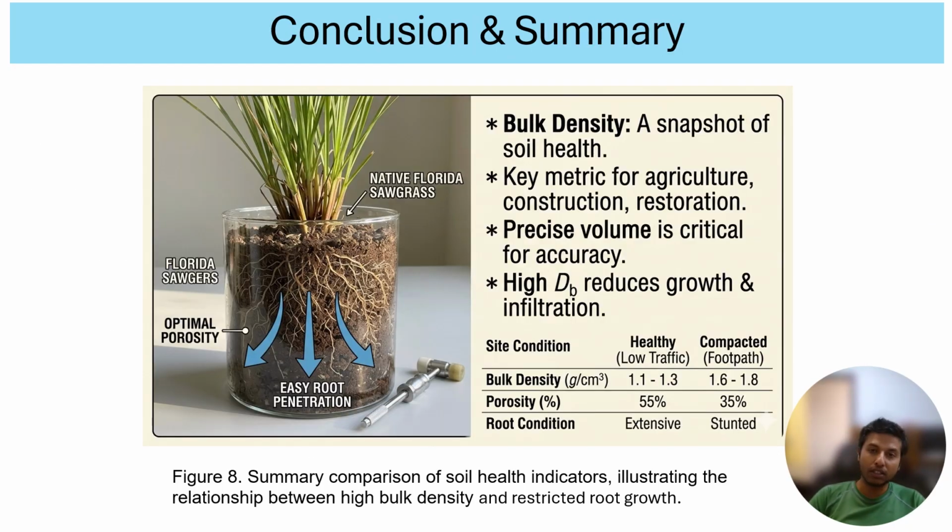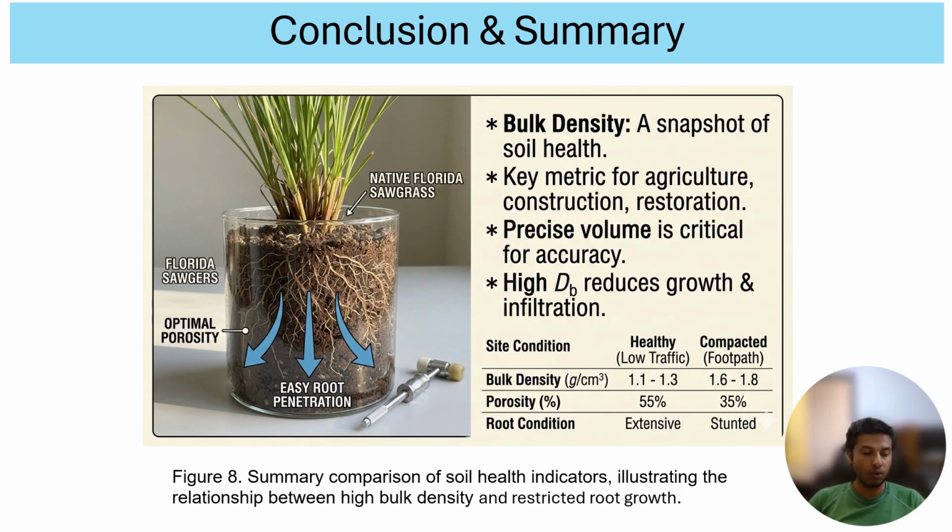Moving towards the conclusion and the summary: to conclude this presentation, measuring soil bulk density via the core method is a relatively straightforward but incredibly powerful tool. It provides environmental scientists and agricultural managers with a quick snapshot of overall soil health and physical structure.